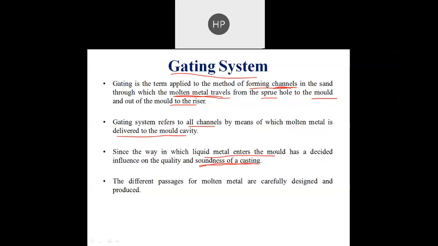If the path that we have provided for the molten metal is not prepared well, it will definitely influence your quality. That is why the gating system is one of the important parts of the casting process, and the different passages for molten metal are carefully designed and carefully produced.